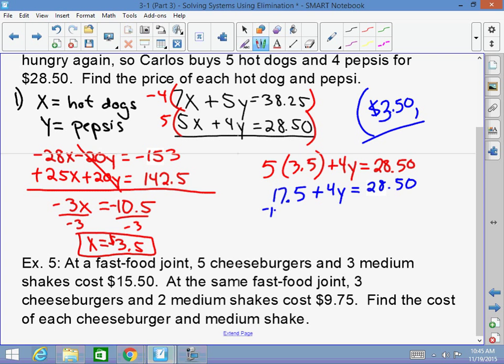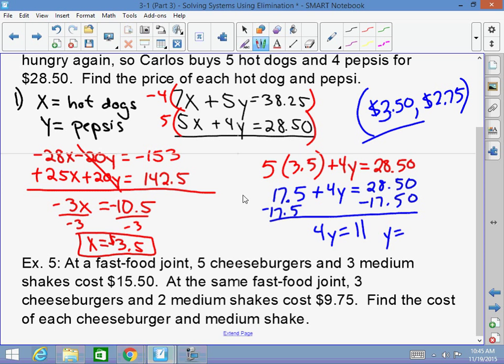Now let's subtract 17.5 to both sides. Oh, I'm still going to get the same thing. 11, right? I get 11, which is 2.75. Yeah, I was right. Okay. So there you go.